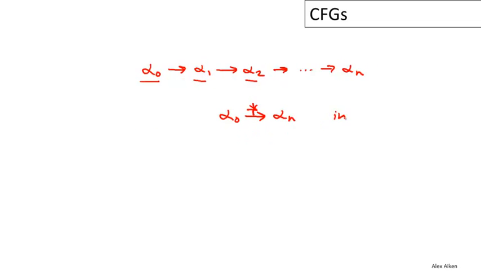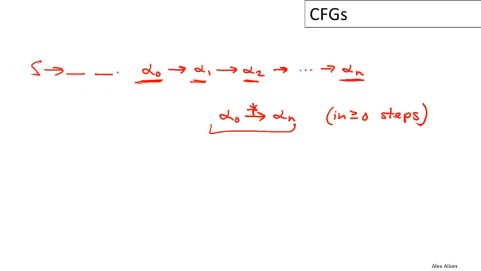So this means in greater than or equal to 0 steps. Right? So this is just a shorthand for saying there is some sequence of individual productions, individual rules being applied to a string that gets us from the string alpha 0 to the string alpha n. And remember that in general we start with just the start symbol, and so we have a sequence of steps like this that get us from the start symbol to some other string.